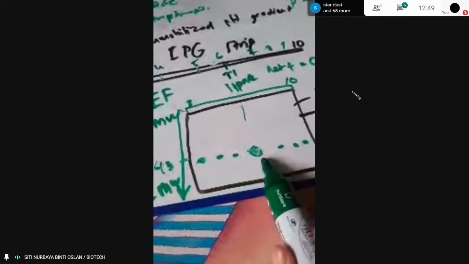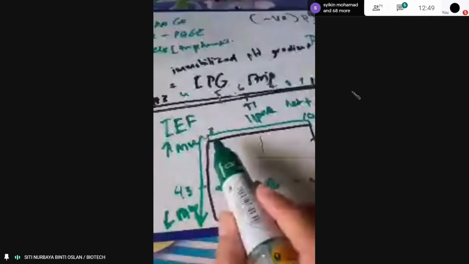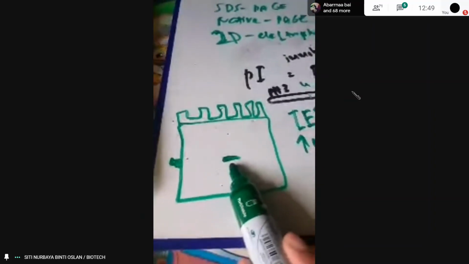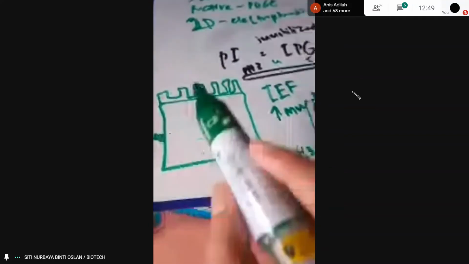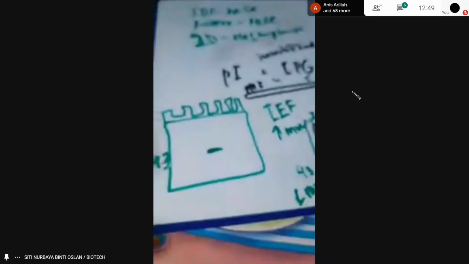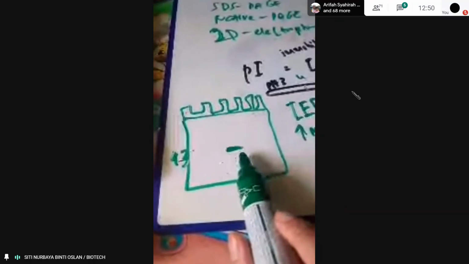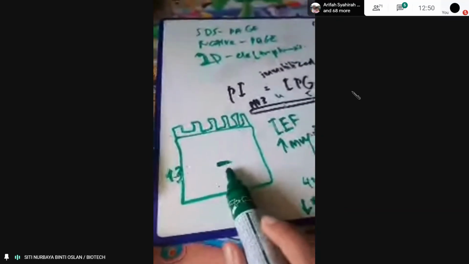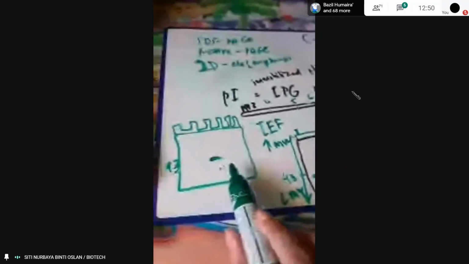But 1, 2, 3, 4, 5, 6, 7 proteins with different pI from 3 to 10 are all being pulled or accumulated at this position, which is 43 kilodalton. Right? Because all of them will be pulled as one band. And then we just feel happy. Wow, we got a single band. Basically, we don't know. There may be a mixture of 1, 2, 3, 4, 5, 6, 7 proteins inside here.